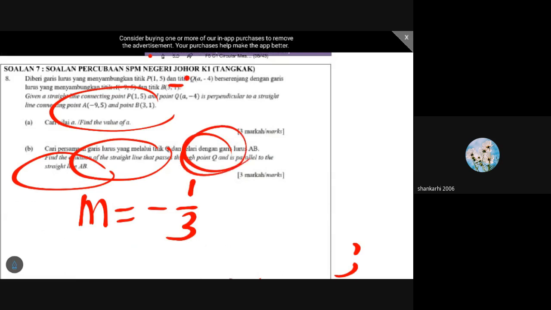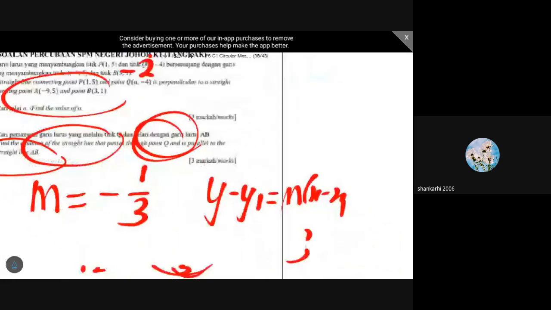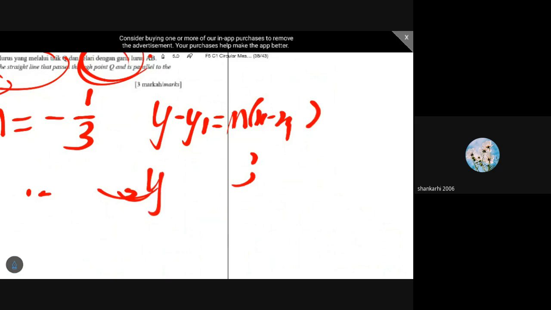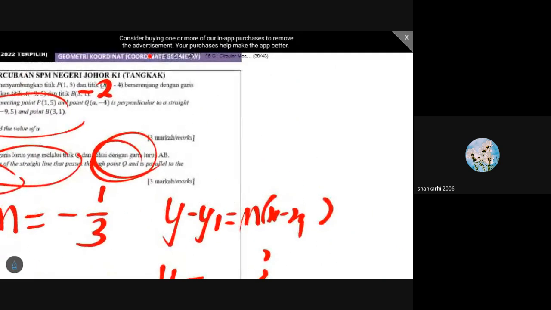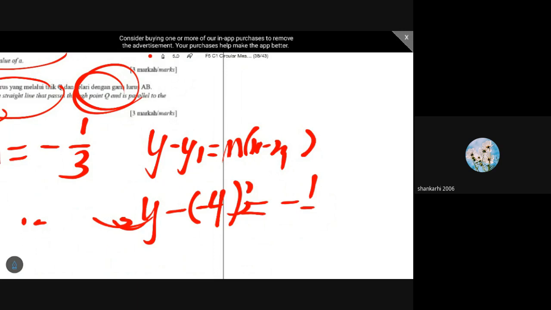So passing through point Q, just now you got A as -2. So you can just use this formula for a straight line and find your answer. I will try solving for you. Y minus, Q is -2, -4, so here is -4, equals -1/3 times X plus 2.